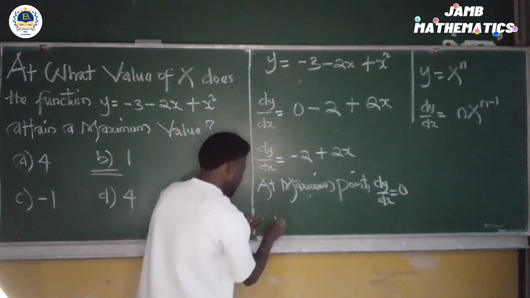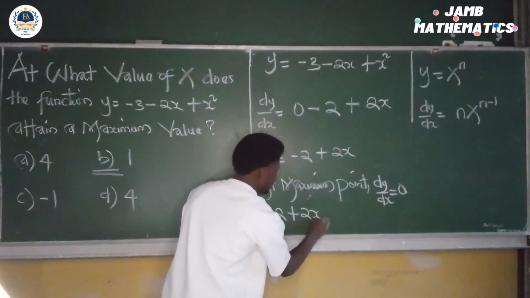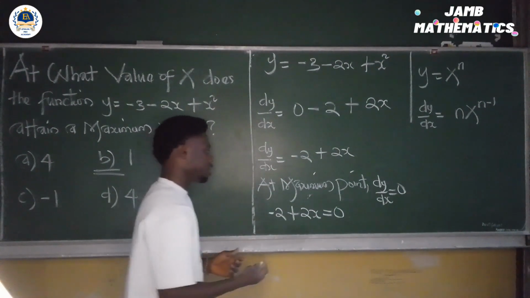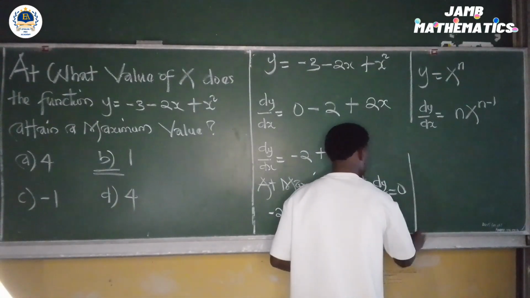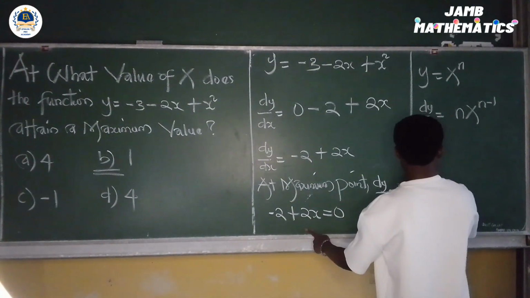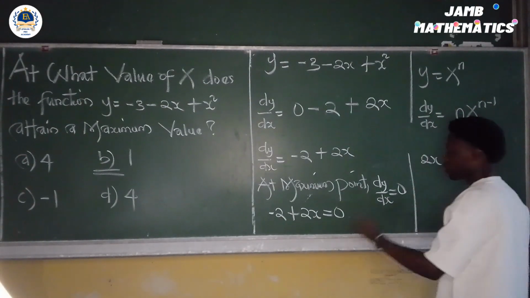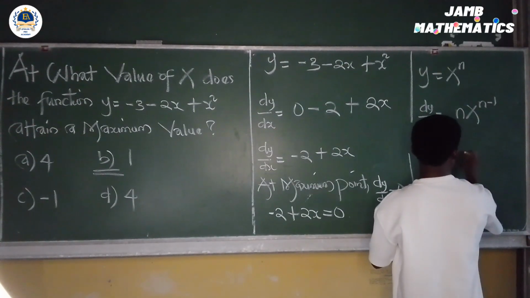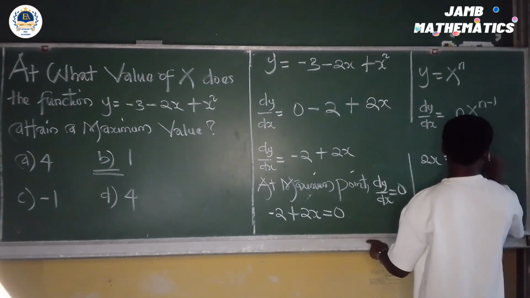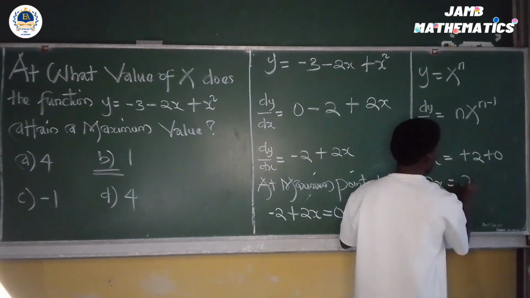So in this place, we have minus 2 plus 2x is equal to 0, making x the subject of the relation. So we have 2x is equal to, when minus 2 crosses over the equality sign, changes to plus 2, then plus 0. So we have 2x is equal to 2.